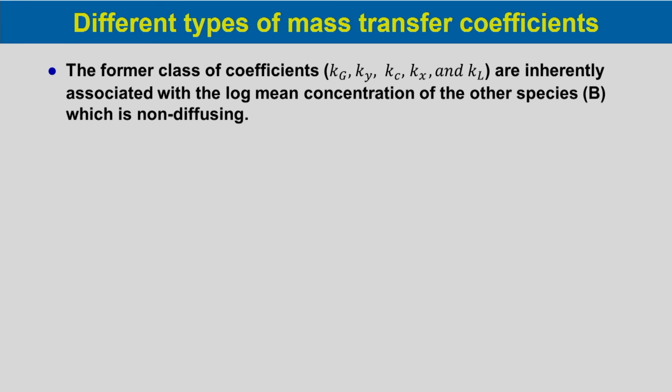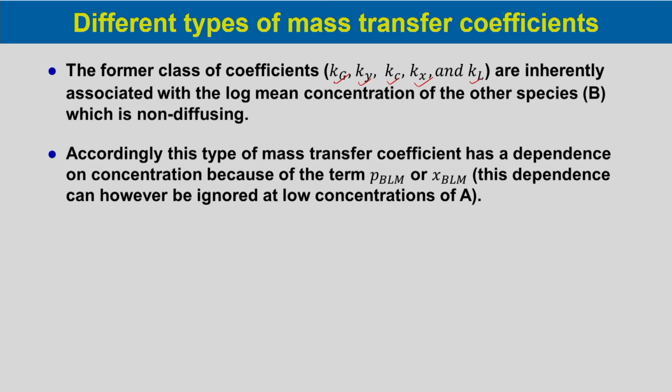The former mass transfer coefficients, that means in case of the diffusion of component A through non-diffusing B, that is Kg, Ky, Kc, Kx and KL, are inherently associated with the log mean concentration of the other species B, which is non-diffusing. So, if we consider the species B is non-diffusing, then these mass transfer coefficients would be associated with the log mean concentration gradient.